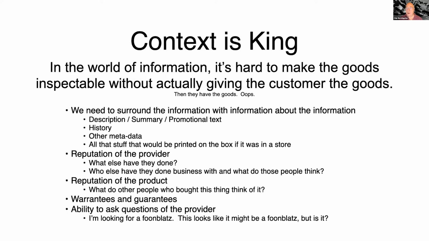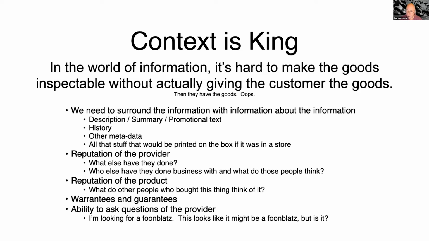But all of these are things which are amenable to actual delivery through the network, as opposed to something that has to be physically packaged up and shipped to somebody. In the world of information, there's this issue that it's hard to kind of know what you're getting without actually getting it. And then once you've gotten it, you've got it.